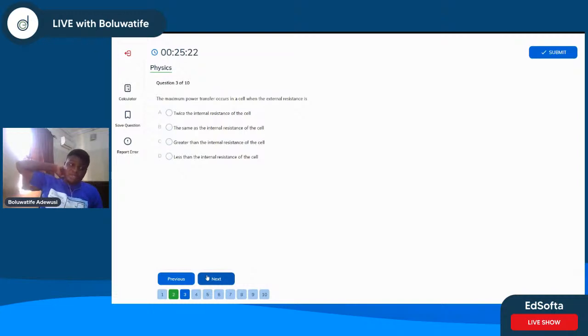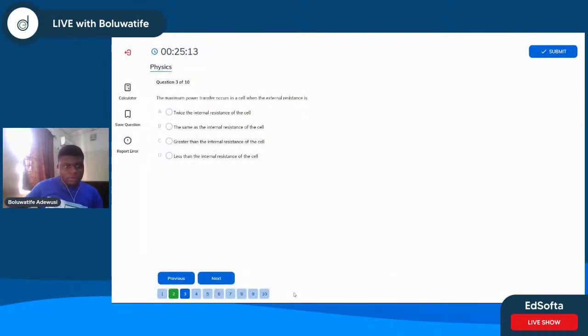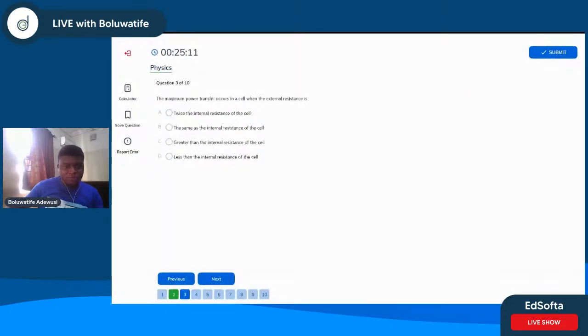Maximum power actually would occur when the resistance, so let me just check the slide so I can make reference to it. Let me see if we have it in the slide.